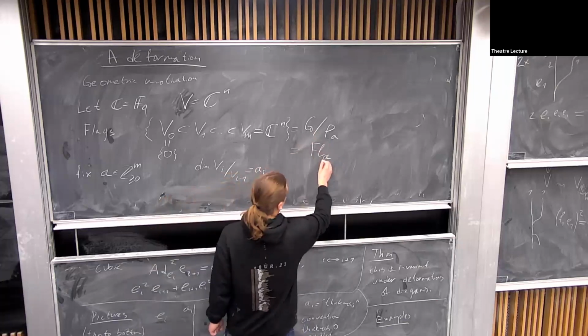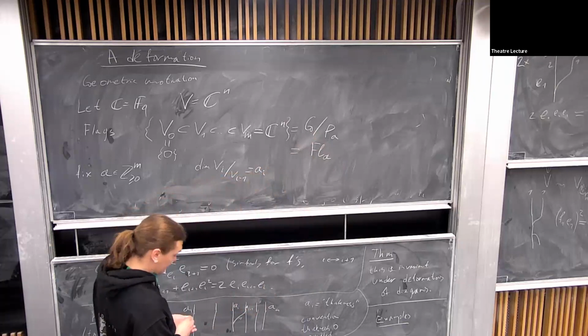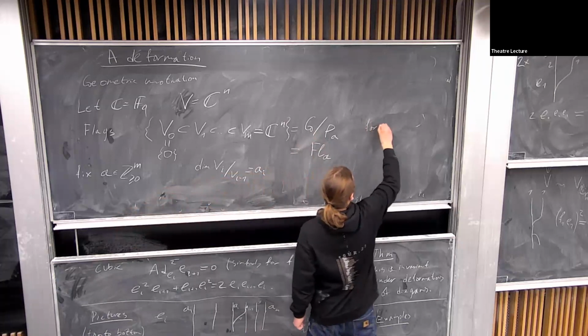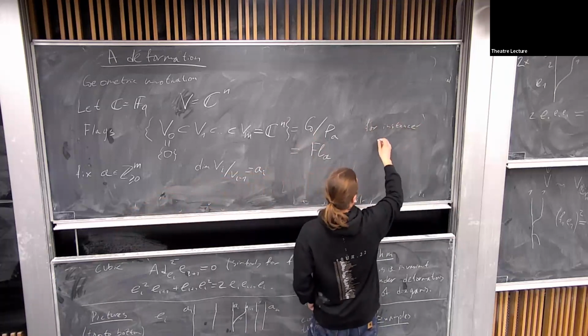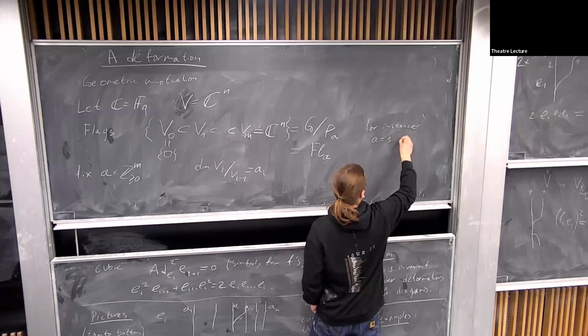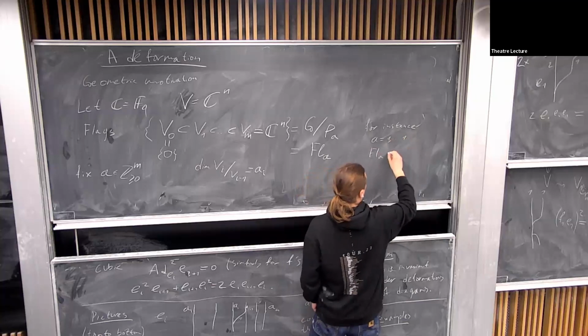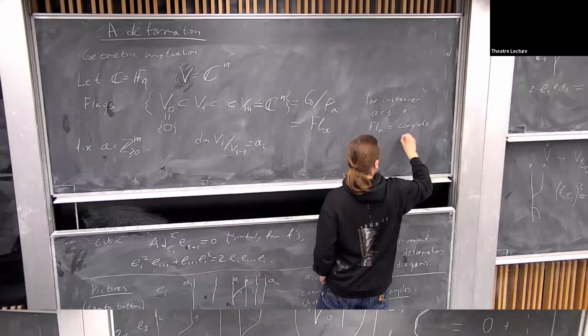Sometimes they use this notation: flag space corresponding to A. For instance, we can use A equal to 1, 1, 1, 1, 1, 1, 1. This is then the complete flag variety.